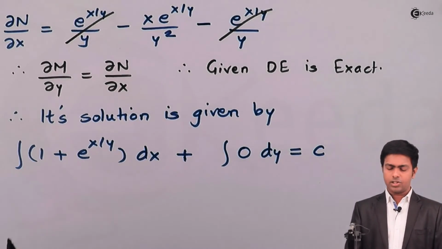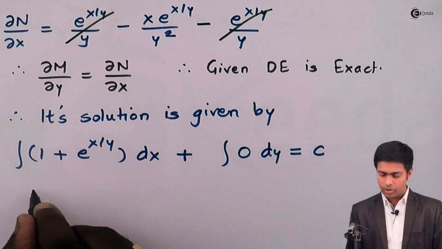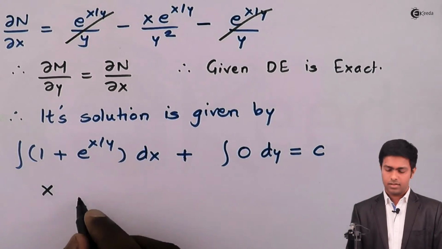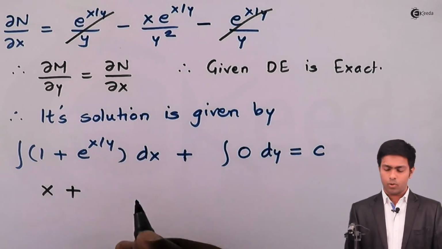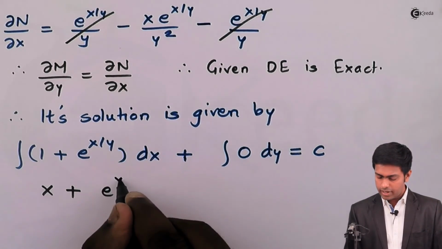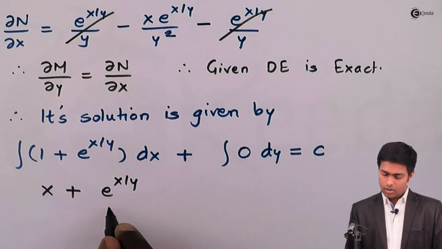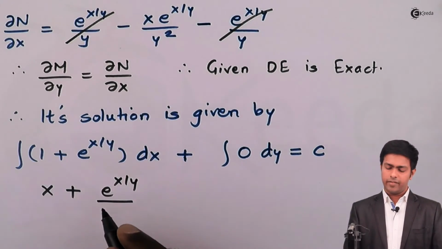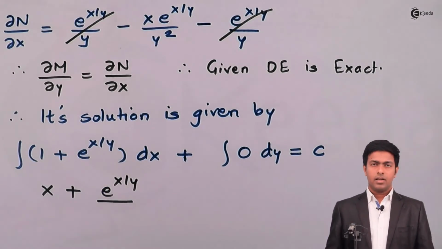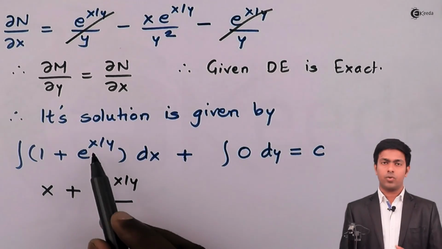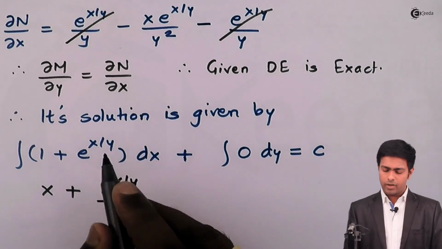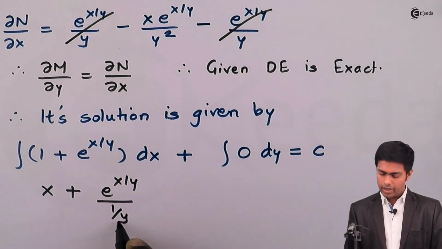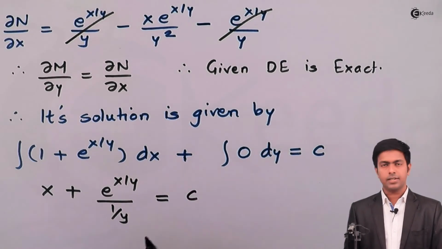So what is the integration of 1 with respect to x? It is simple, it is x plus the integration of e raised to x upon y, which is e raised to x by y upon the derivative of x upon y. Now I'll differentiate with respect to x by treating y as constant, so that will be 1 upon y, equals c.